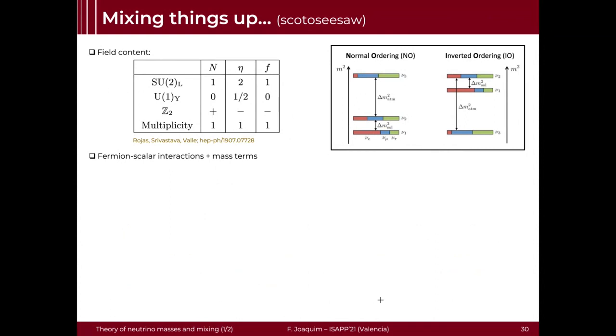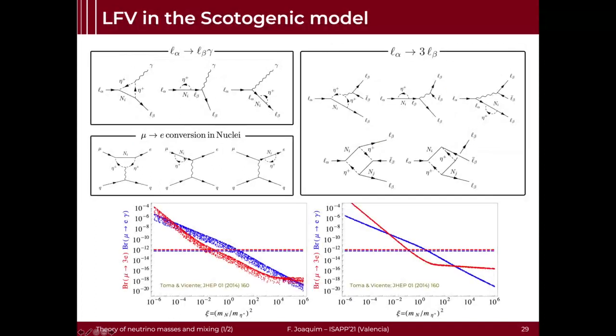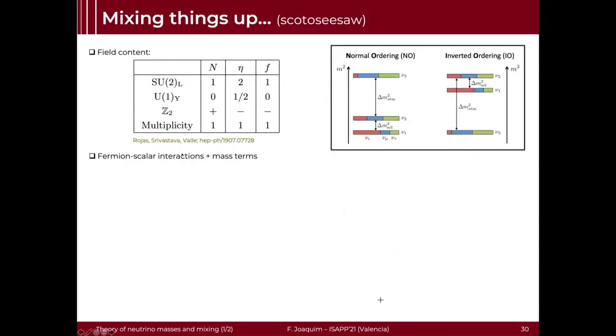And now you can actually think of some scenarios where you mix tree-level and radiative mechanisms. So this is the case of a Scotto-Seesaw, which I particularly like. This was proposed recently by Jose Raul and Nicholas, I think.